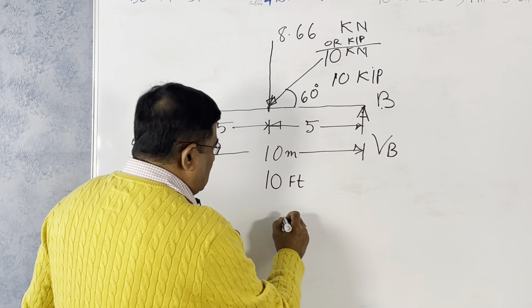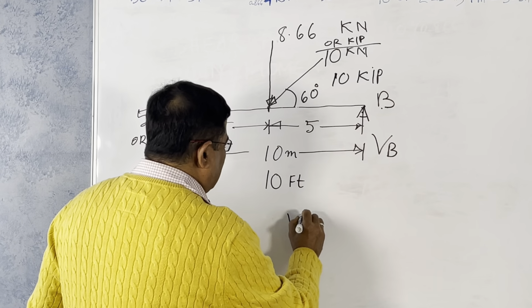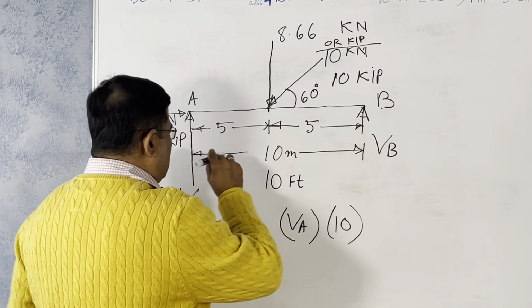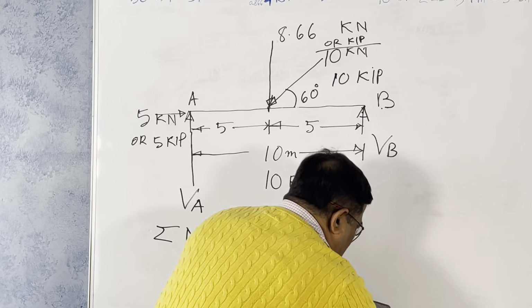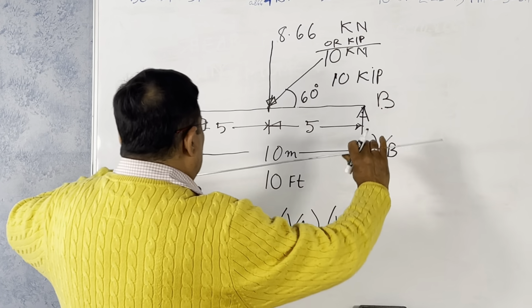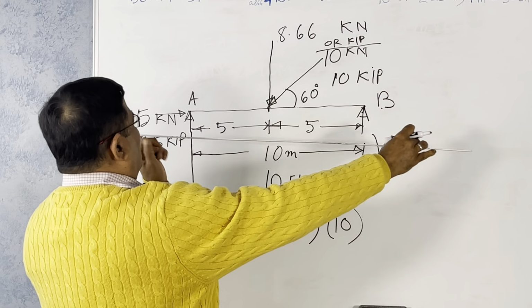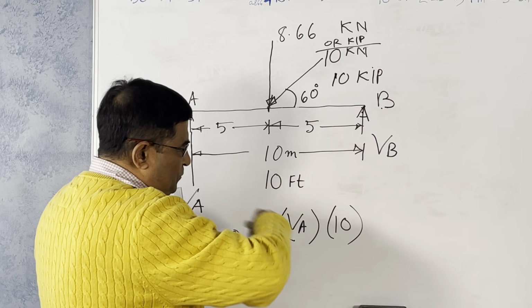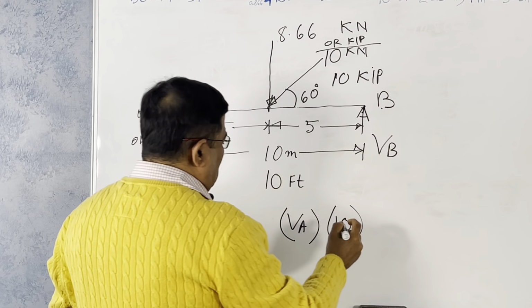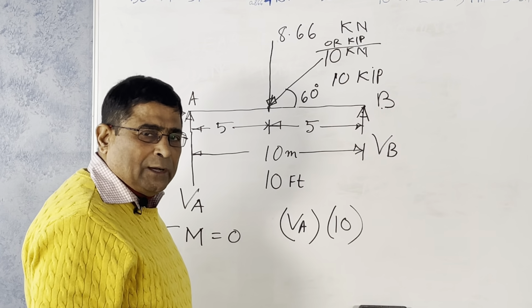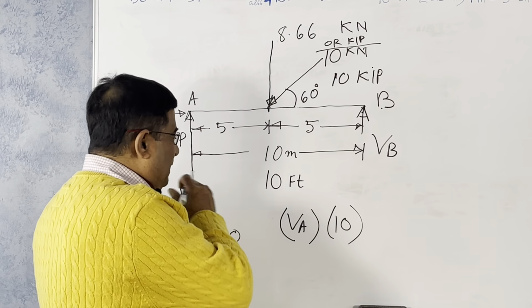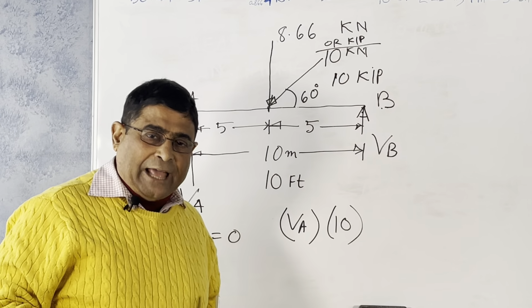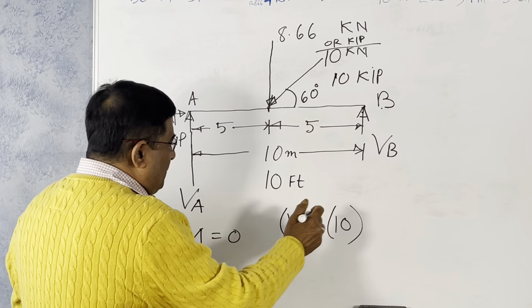Now, take the summation of moment about that point. This is VA times 10. Look here. This force is acting from below, so it will rotate in a clockwise fashion. Consider clockwise as positive. I will explain what the positive and negative conventions are for the bending moment and shear force diagram, but for the time being, consider it positive.